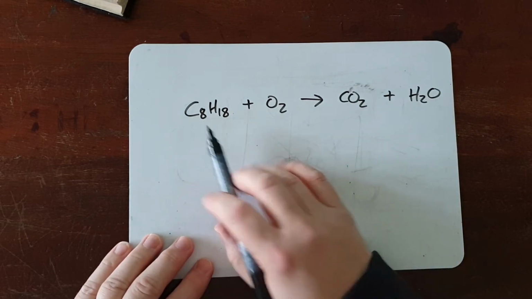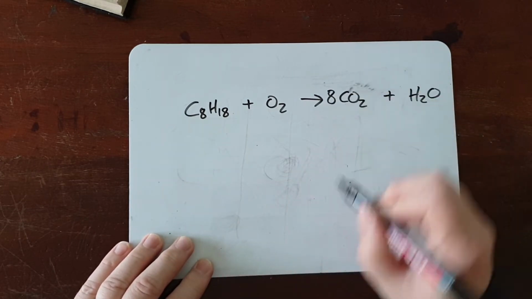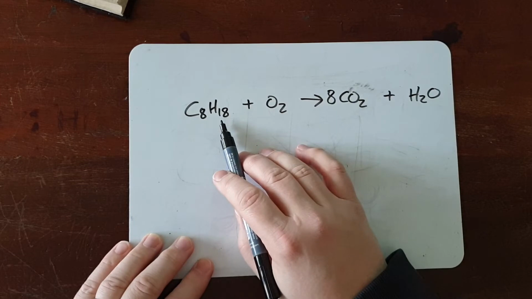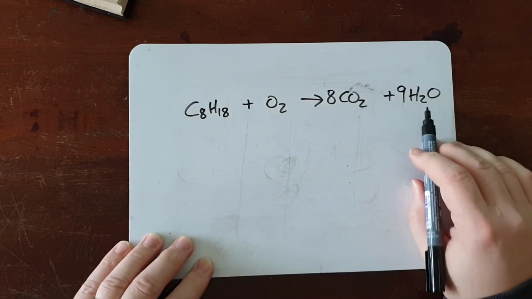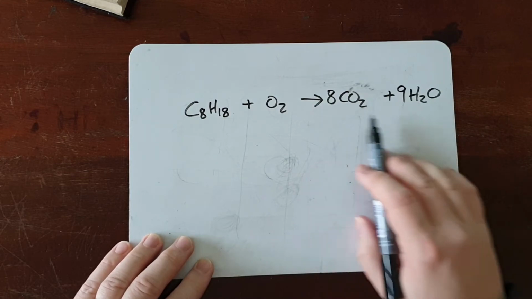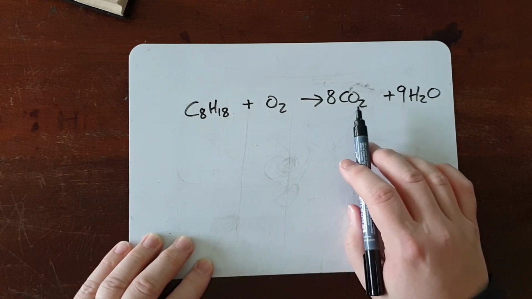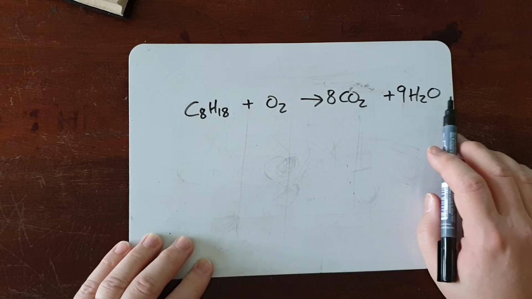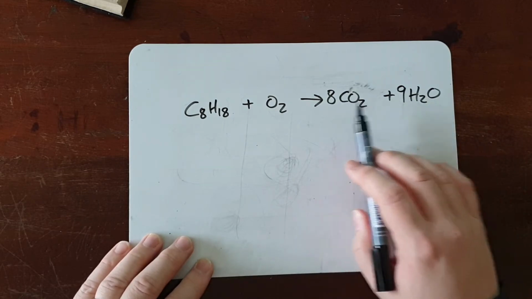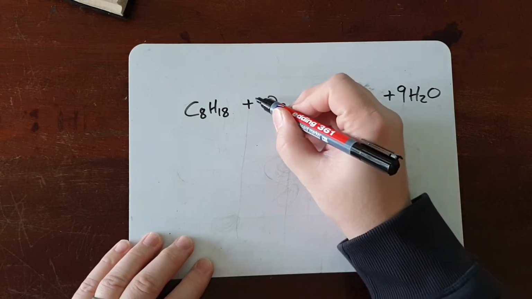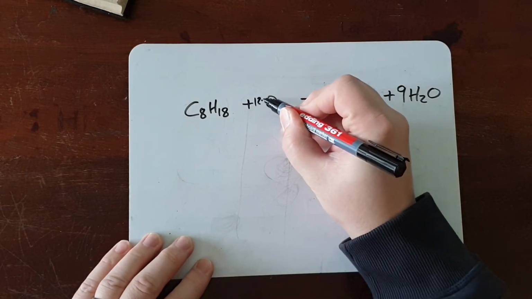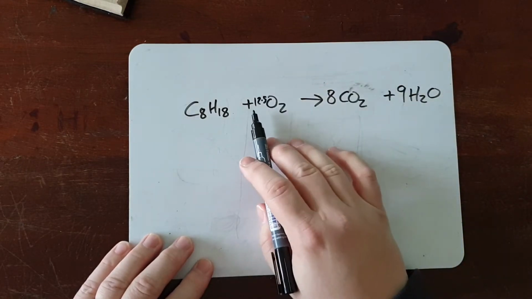We've got 8 carbons, so we've got to have 8 carbons there. We've got 18 over here, so we're going to need 9, because 9 times 2 is 18. And then let's look at the oxygens. We've got 8 lots of 2 oxygens, so that's 16, and 9 oxygens there, so 16 plus 9 is 25, which means we are going to need 12.5 lots of O2.